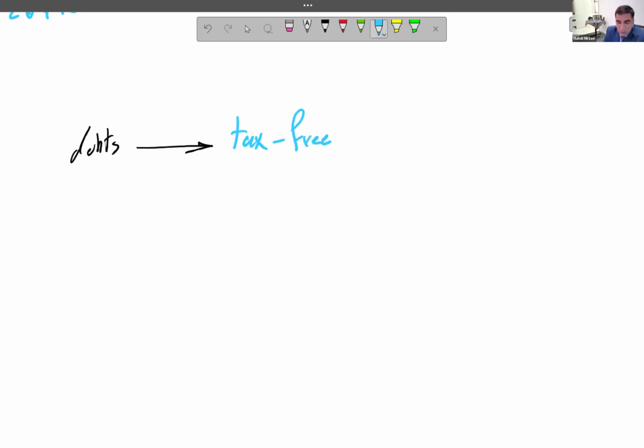You have never seen in any country in the world that they charge taxes on the debt. All the money that you get is going to be tax-free. And then when you borrow money, you need to pay interest.